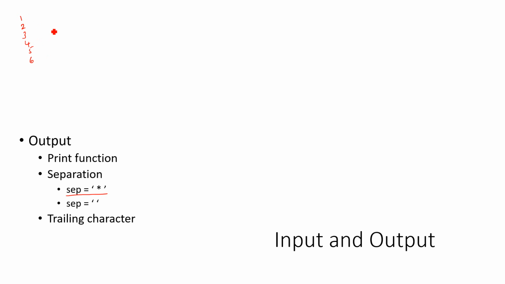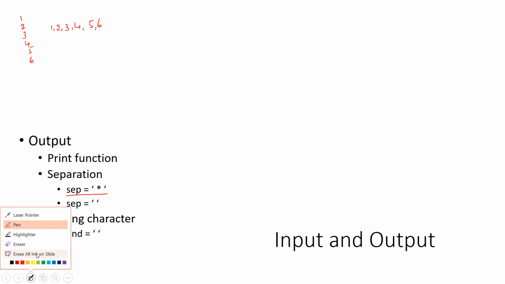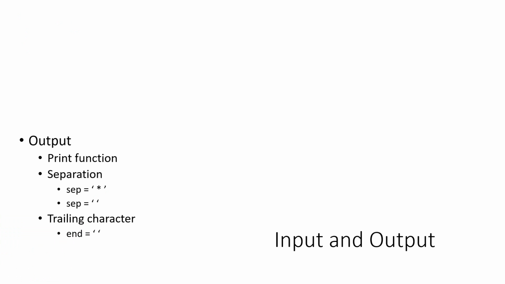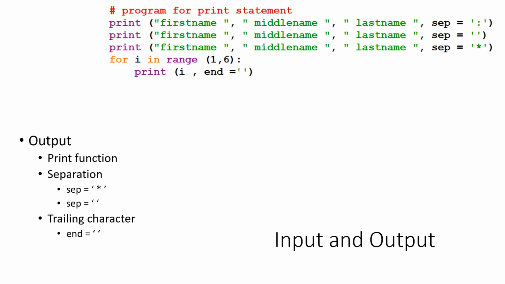So instead, if you want it printed in a horizontal direction, either with comma or without comma, we can do it. By the trailing character, we can use the end construct to specify how it has to end the particular line. If we give a white space, then it will continue to print on the same line.